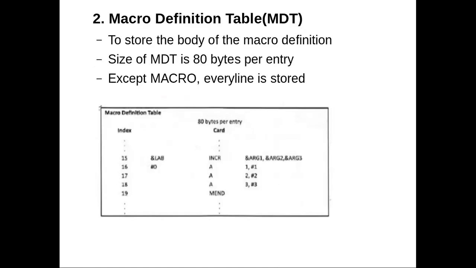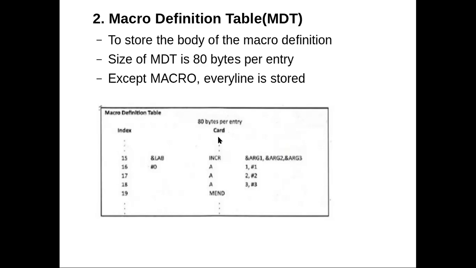Then the second important database is the macro definition table. Macro definition table means what? It is used to store all the macro definitions in your source program, and the size is 80 bytes per entry, which means for each macro definition we have reserved 80 bytes of memory.